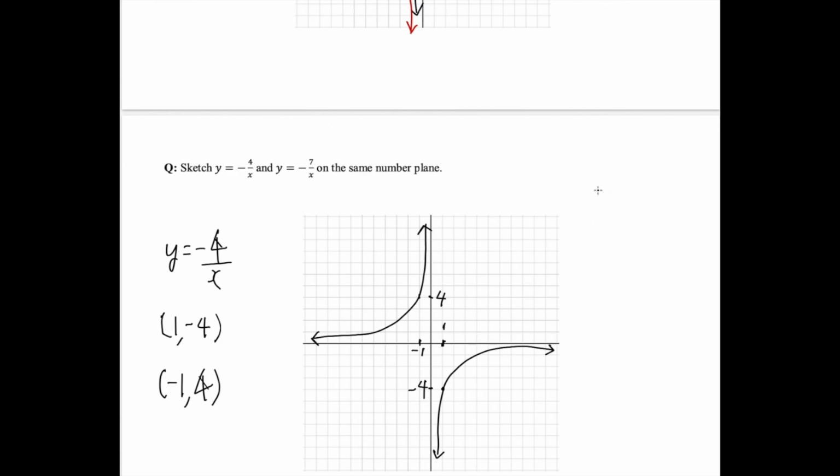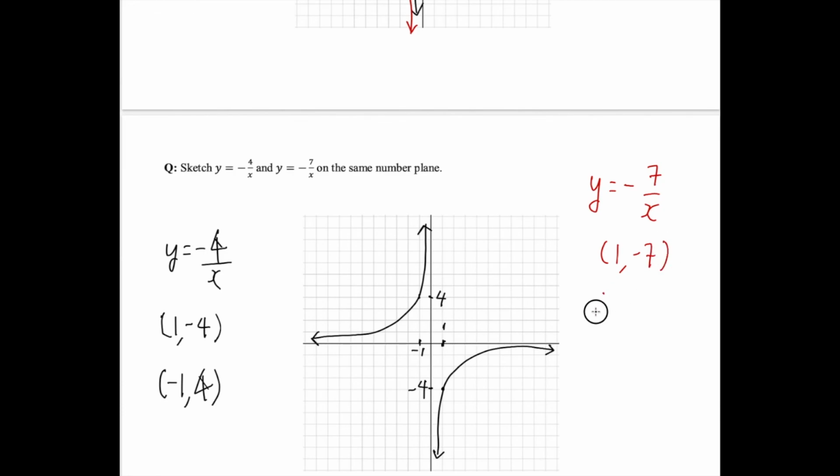So I'm just going to say y is equal to minus 7 on x. Find 2 points. So when x equals 1, what does y equal to? y equals minus 7, right? Hopefully you know that.